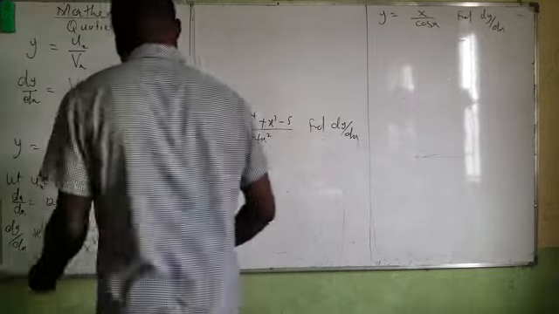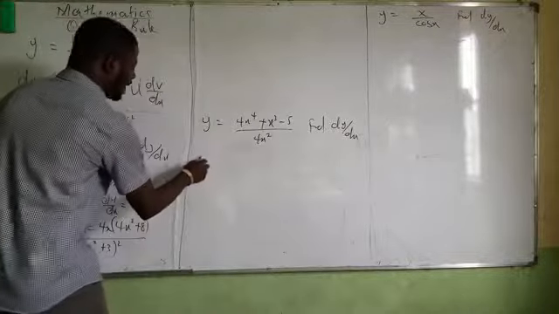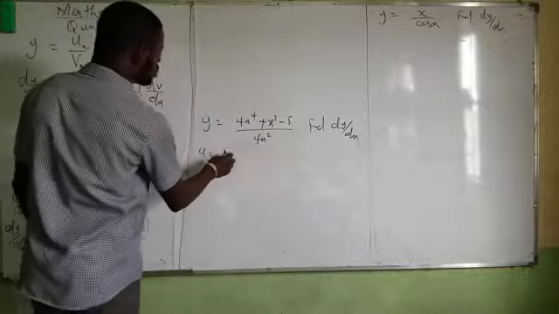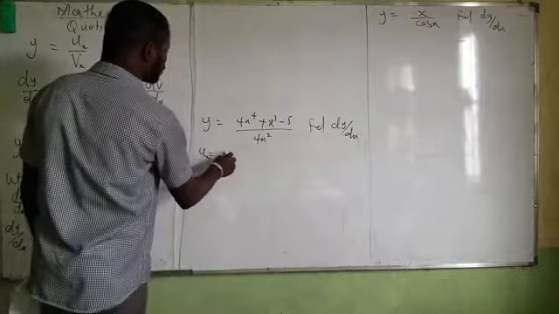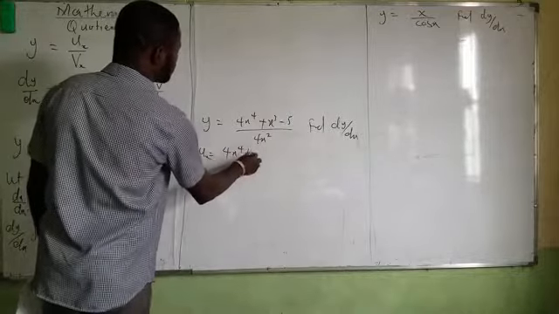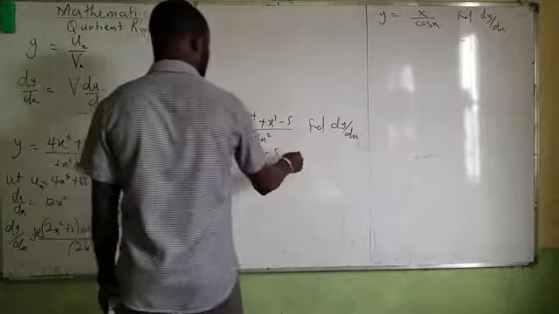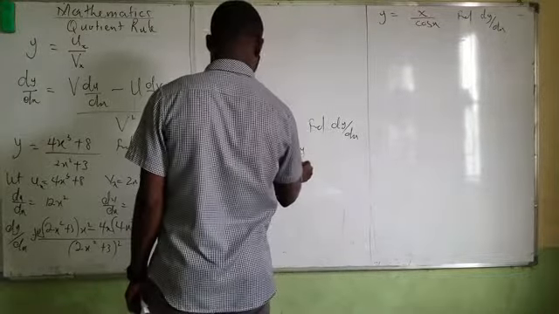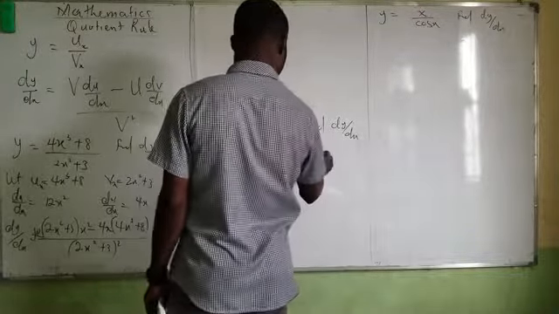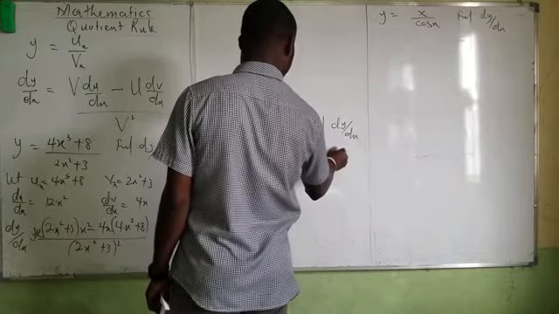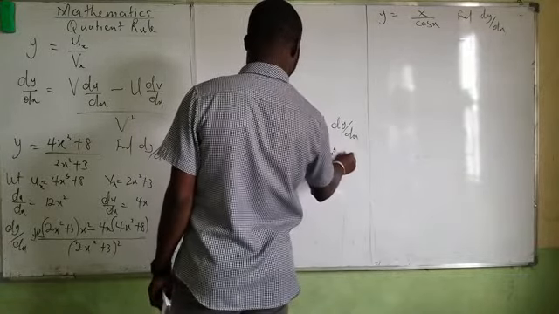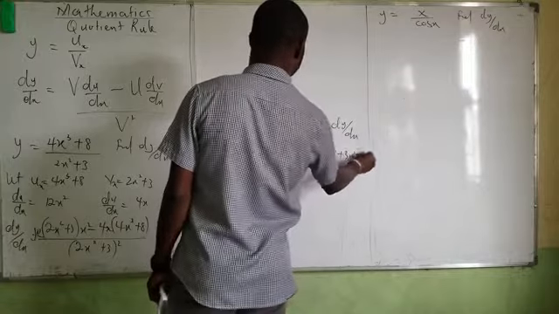Now, look at this also. My u of x equals 4x to the power 4 plus x cubed minus 5, and du/dx will be equal to 16x cubed plus 3x squared.